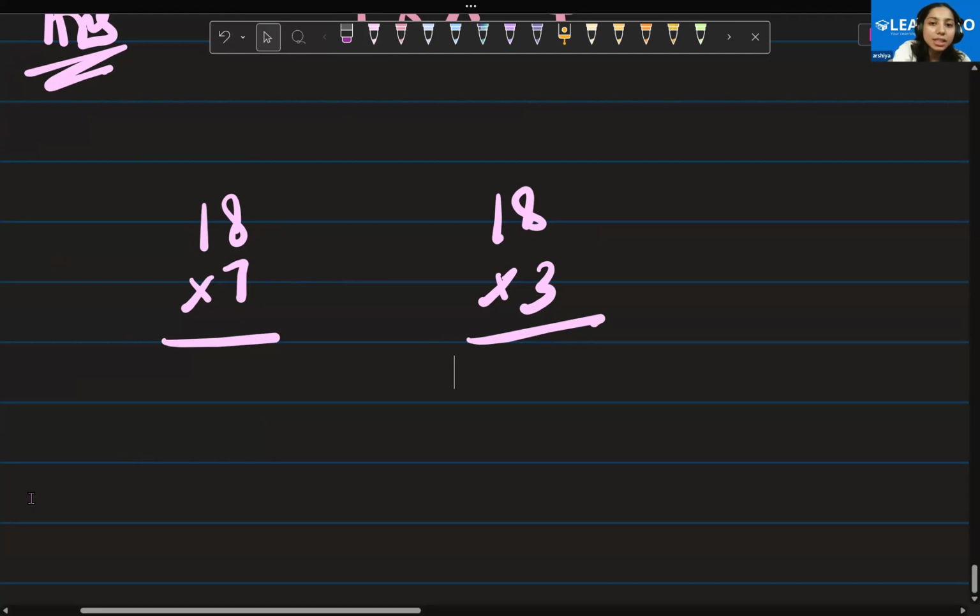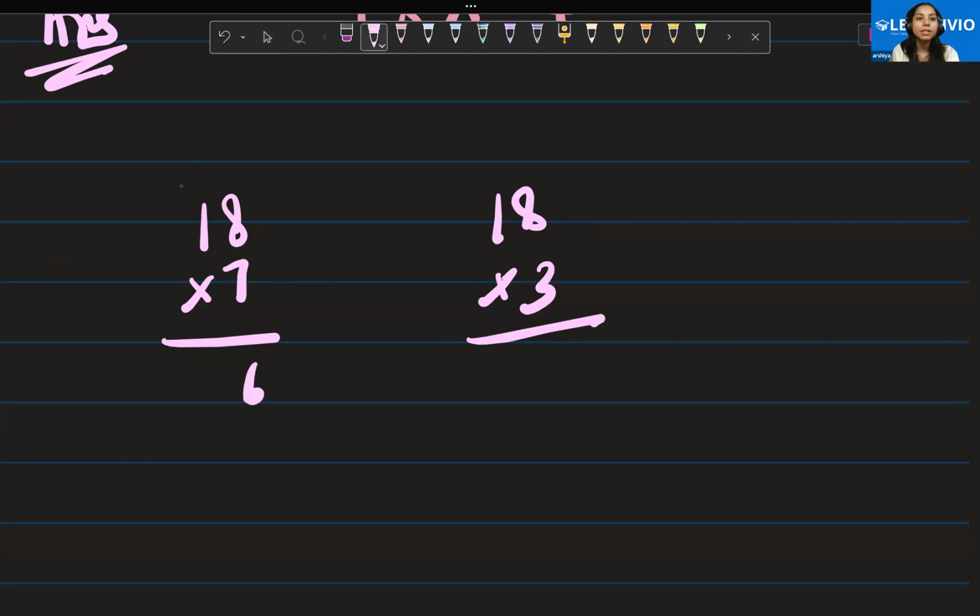I was asking how much is 7 into 8. Ma'am, 56. Yes. So we have 56 here, 5 will be here, 7 ones are 7, 7 plus 5 will be 12. So 126. And 3 eights is 24, balance 2, 3 ones are 3, 2 plus 3 is 5, so 54.